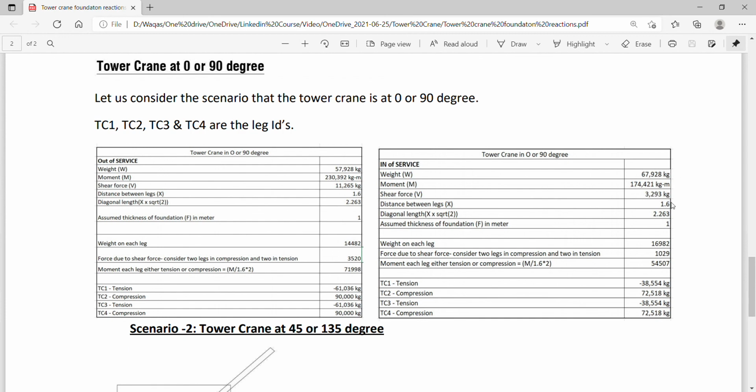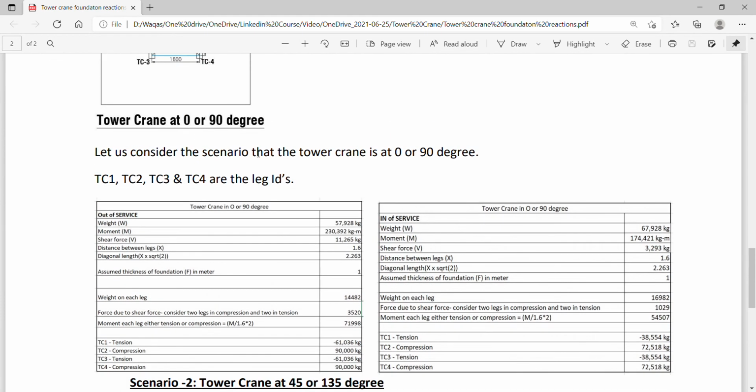Only the loads will change, but the formulas and steps of calculation will be the same. So this is how we calculate the loads or reactions on the tower crane support when the crane is at 0 degree or 90 degree.